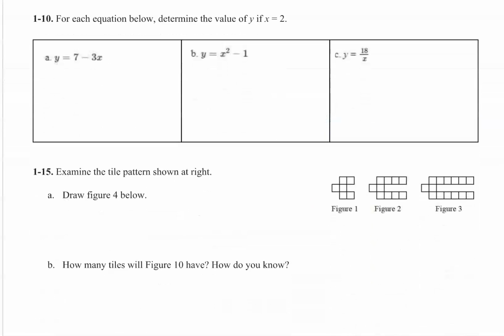This is evaluating, so let's plug in x equals 2 into these equations. I'll do A and B. We have y equals 7 minus 3 times x, and x is 2, so it's 7 minus 3 times 2. So that's going to be 7 minus 6. 7 minus 6 is 1.